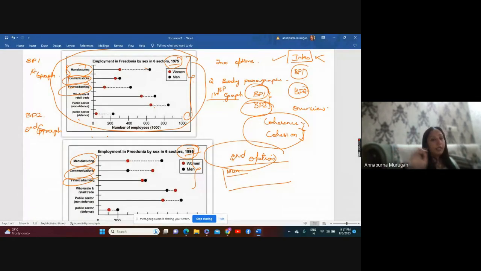Now, in the next paragraph, you can talk about the wholesale comparison in one sentence, then the non-defensive public sector and the public sector, which you can compare. What I am telling you is, if you are comparing certain things, try to compare on those particular things.